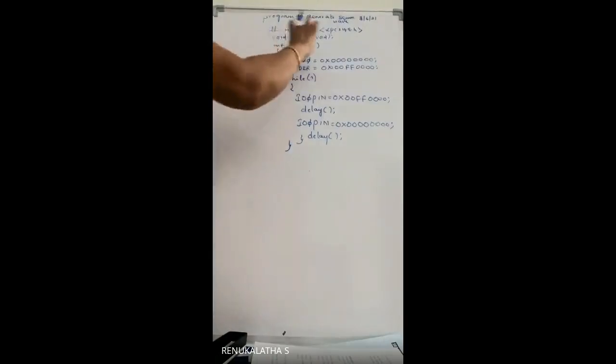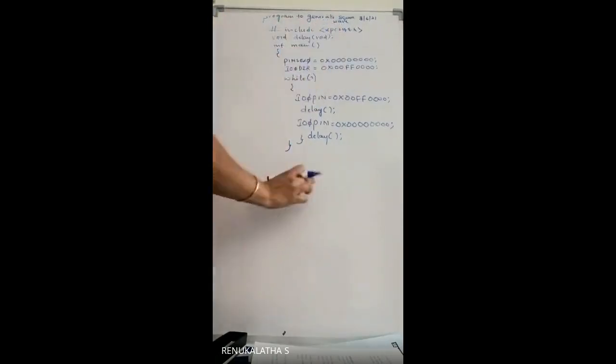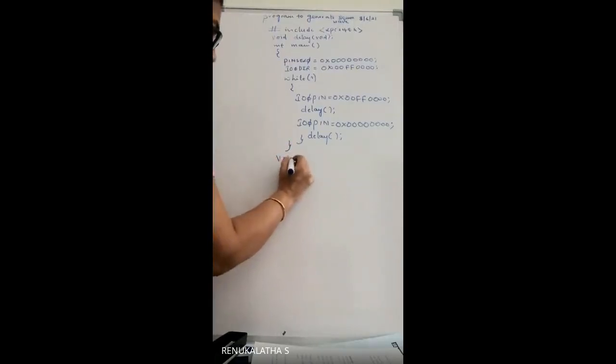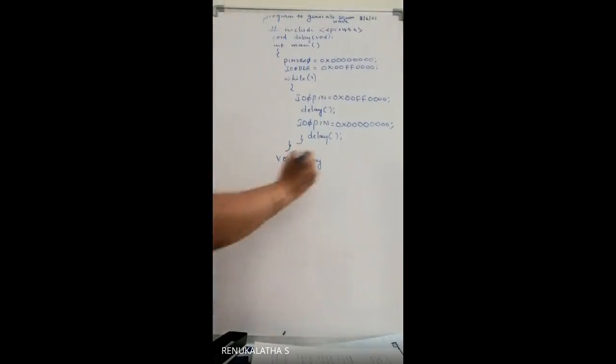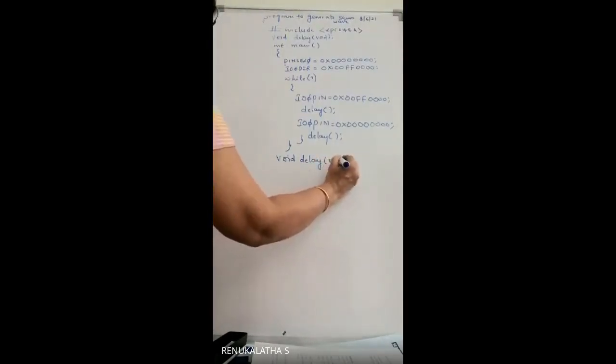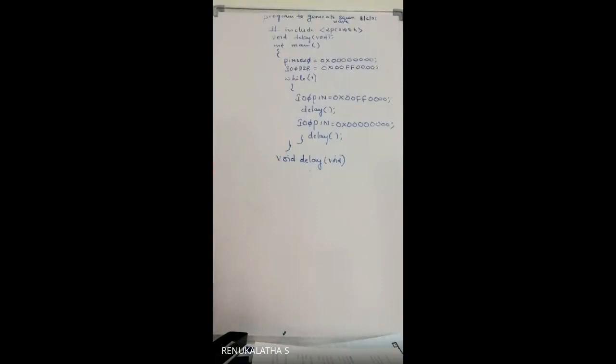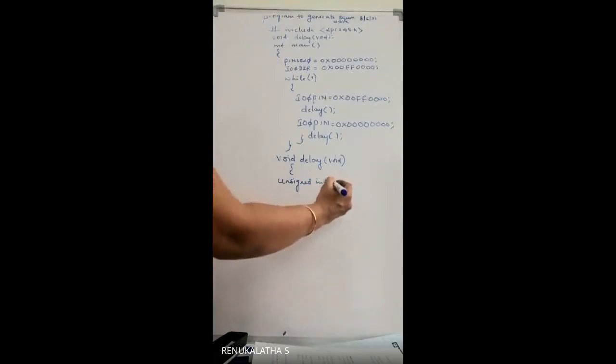Then define this. Here you have declared and here you have to define. Okay, void delay(void). Here the semicolon will not come because here you are defining the function. Then declare a variable for the loop: unsigned int i.